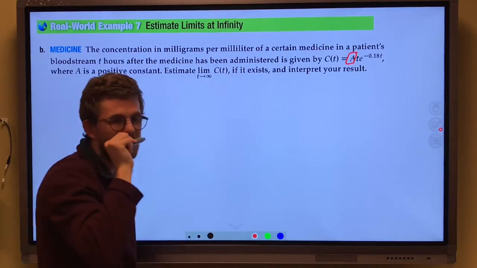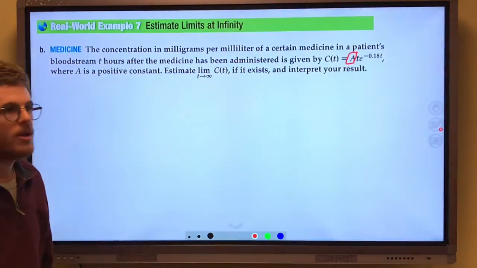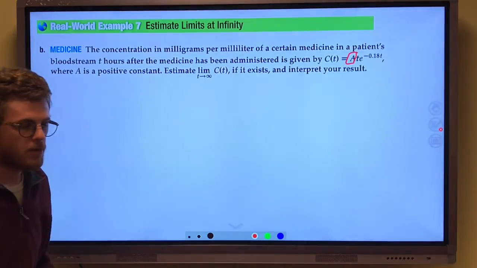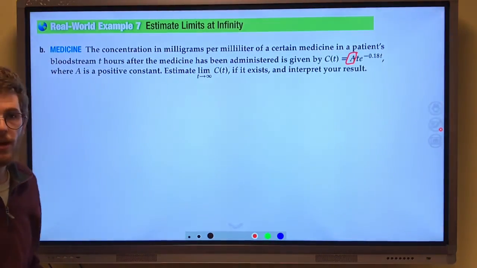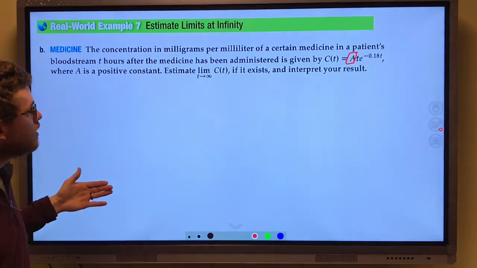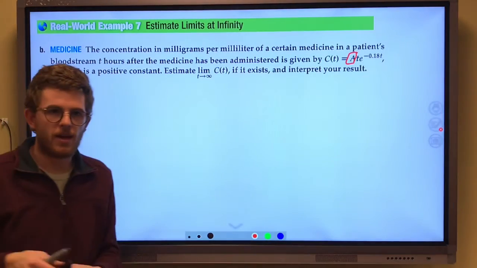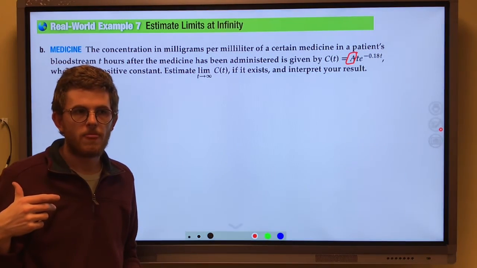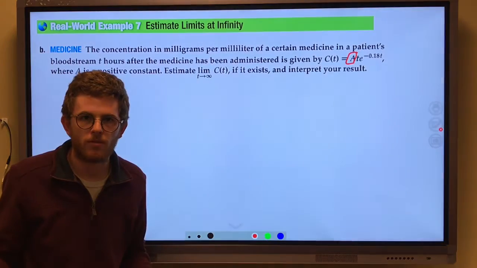We don't exactly need to even know what a is. Think about a as just the starting amount. So a could be 2 milligrams. a could be 67 milligrams. Whatever it is. I mean, just think about that. If you ingest some substance, it's not going to be in your bloodstream forever.